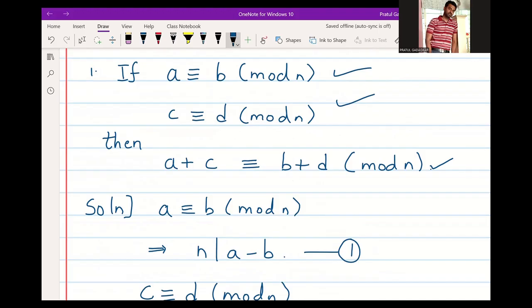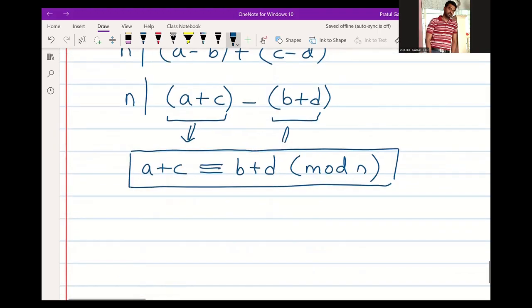Now let us see if I can multiply the two congruences. Can I write AC and BD, and are they congruent to each other modulo n? Addition is clear. In the same way, if I subtract the two congruences, I will get A minus C congruent to B minus D. Let me write it as a different result here, not mixing it in this statement.